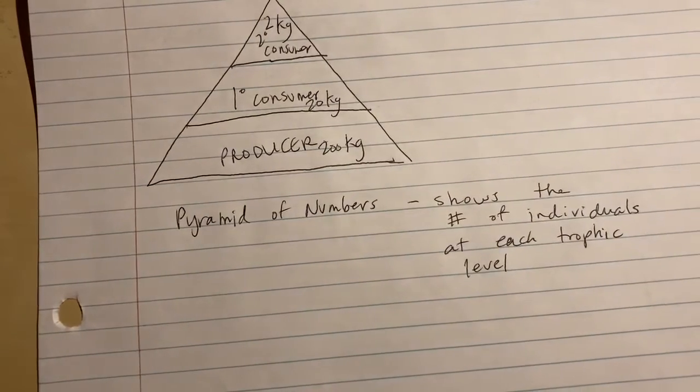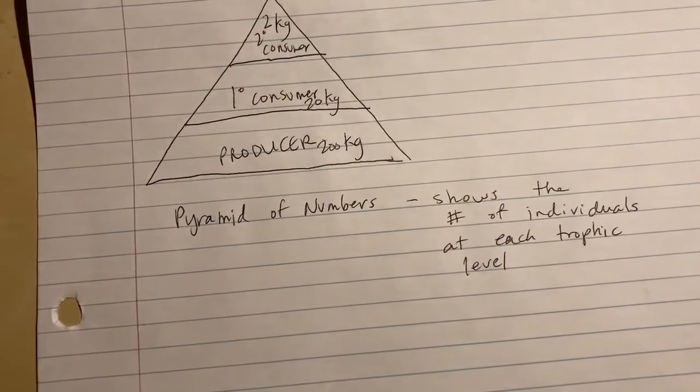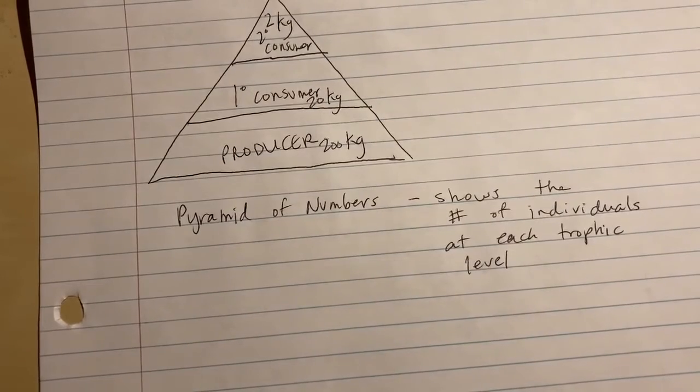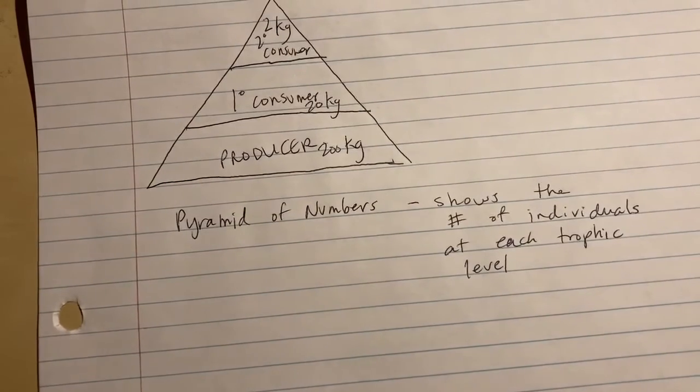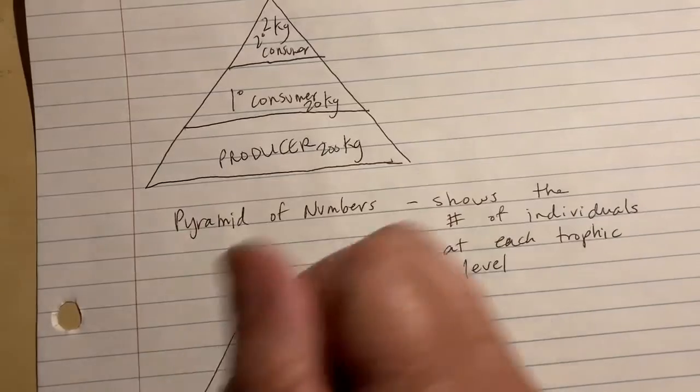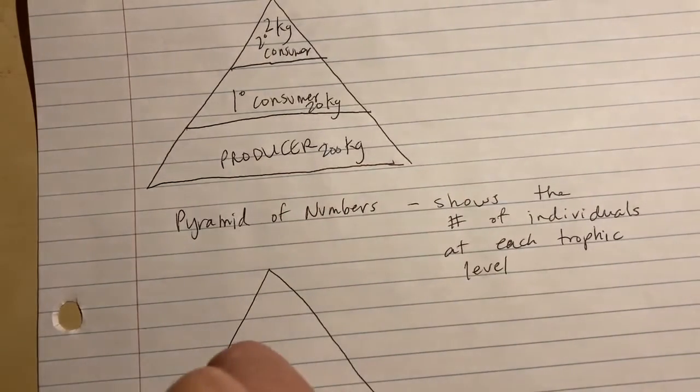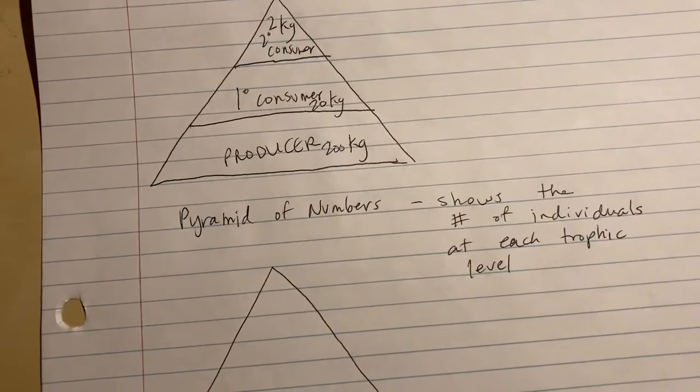And so this is where we can get some interesting shapes. They're not always pyramids, okay? Now a typical pyramid of numbers would be a pyramid.